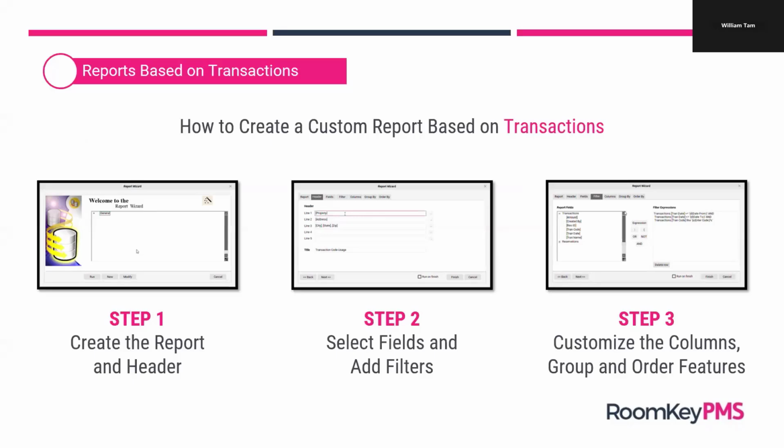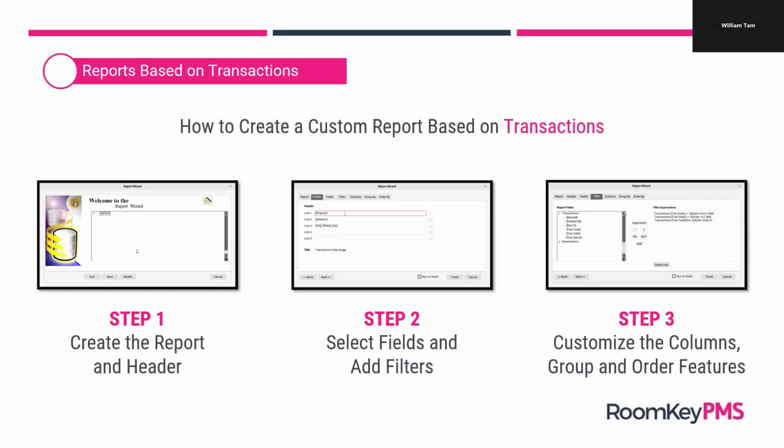Great. So the next step, we're going to now select fields and add the filters based off of those selected fields. Now, because we're looking at transactions within a date range, I want to make sure that I'm selecting the transaction code date, the date that the transaction code was posted or recorded in Roomkey, and I'm going to use that date to build a filter based off of a date range, so date from and date to.